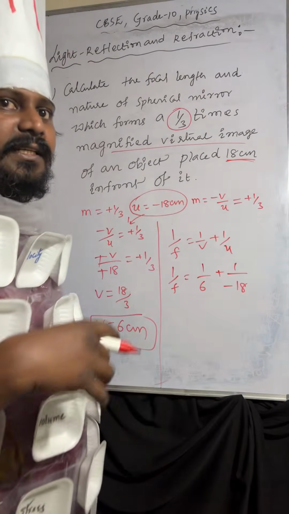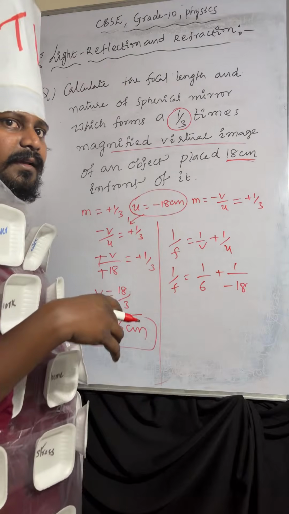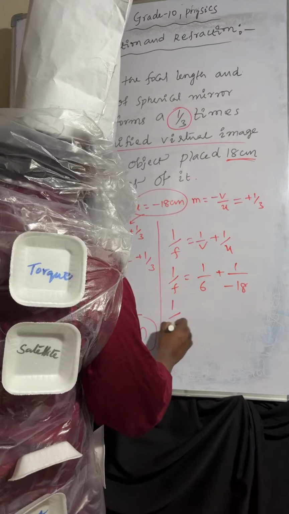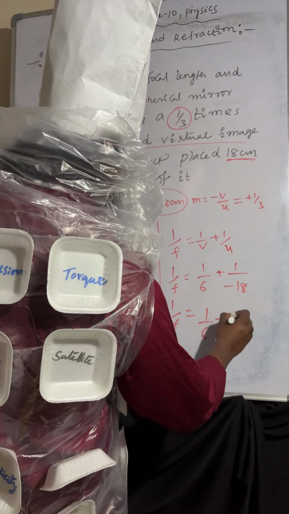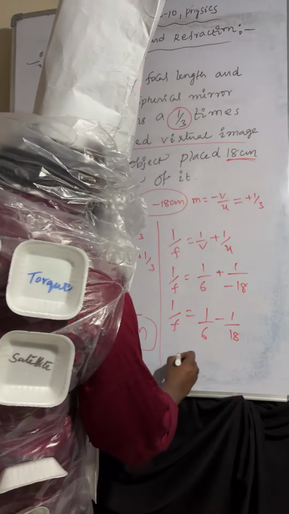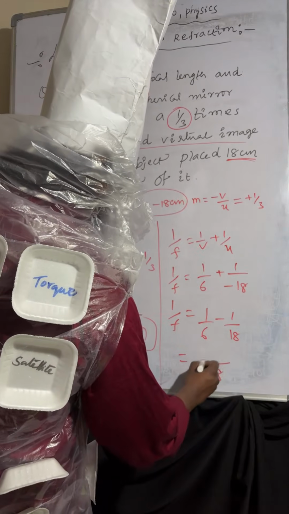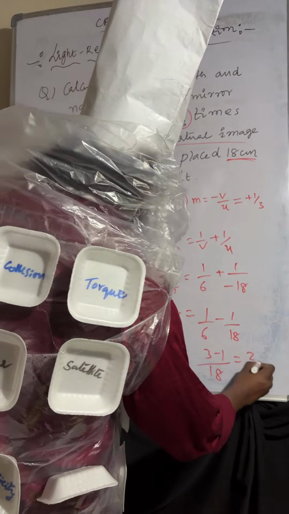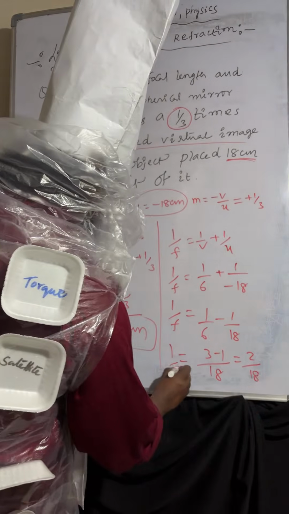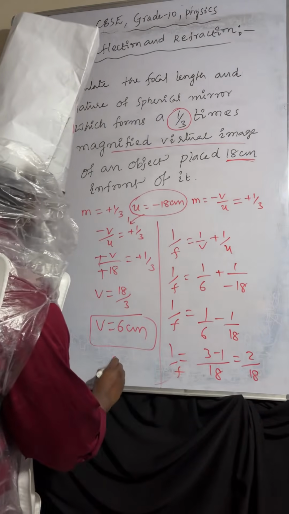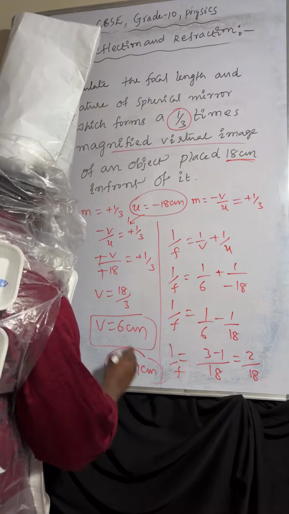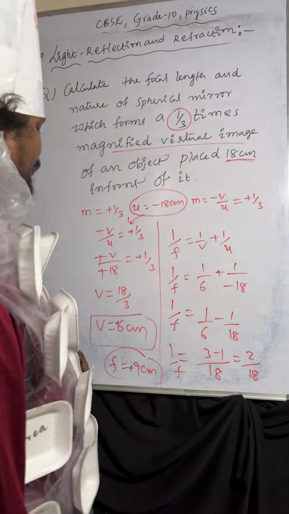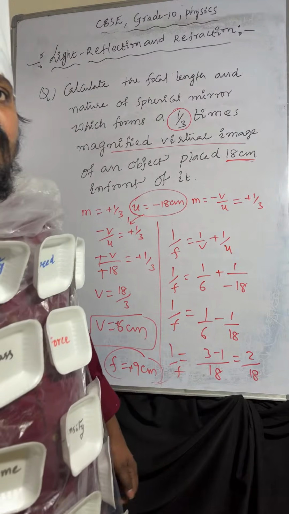The object distance is minus 18. Now solve: 1 by f equals 1 by 6 minus 1 by 18. With 18 as the LCM, 3 minus 1 is 2 by 18, that is 1 by f. So f equals 9 centimeter. This is positive, so everything is positive. That is a convex mirror.